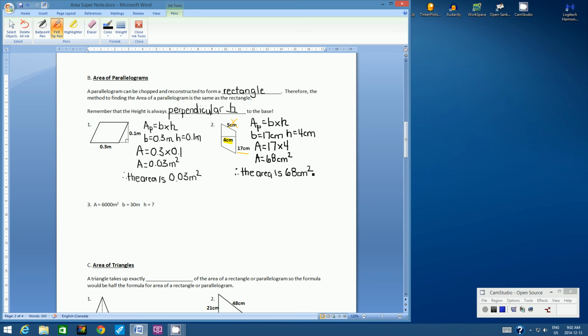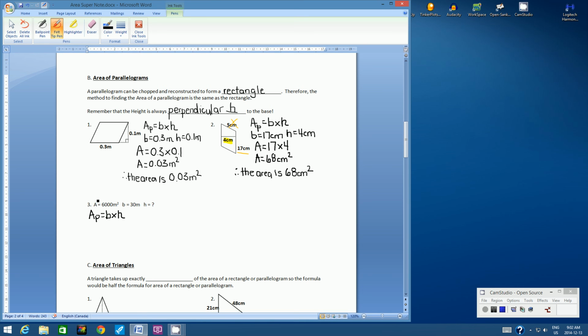All right, example 3. Example 3 is very similar to example 3 in our first video on area of rectangles. Okay, so let's see what we're given here. So we'll start with line number 1, our formula line. Area of a parallelogram equals base times height.